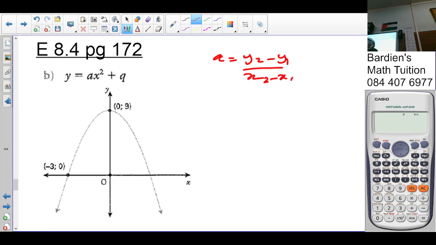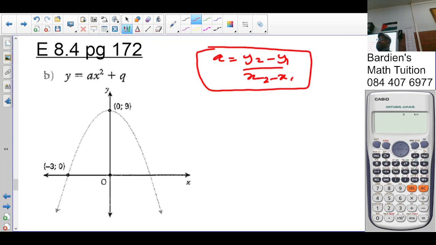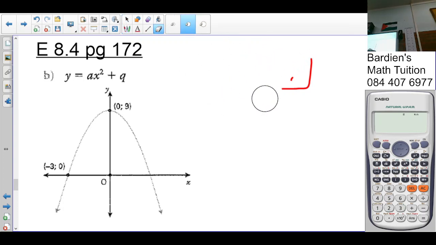You all agree with that? No, how can you agree with that? This is the gradient formula. When do we find the gradient? Is it a straight line? No. So this formula is not applicable in this case.